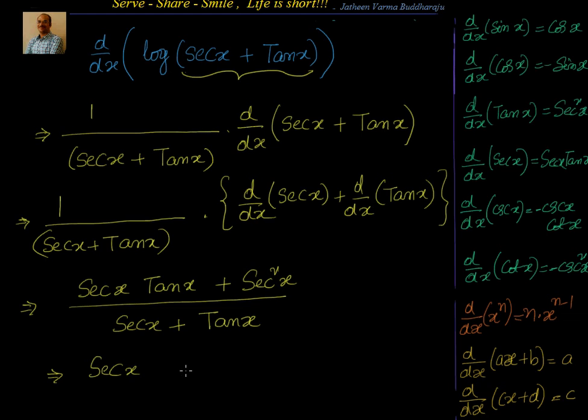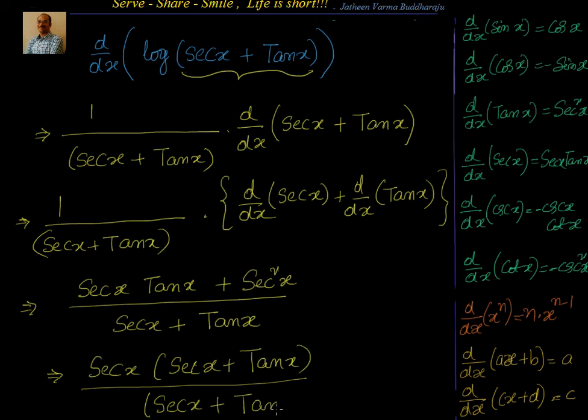It will become secant x into secant x plus tan x divided by secant x plus tan x. You can see that I can cancel the term secant x plus tan x. I will have secant x. So the derivative of logarithm of secant x plus tan x is equal to secant x.